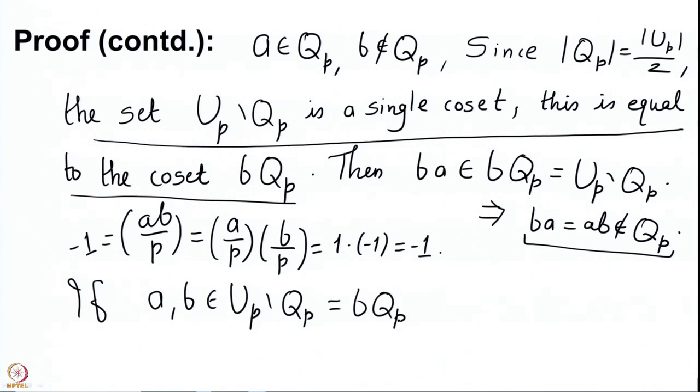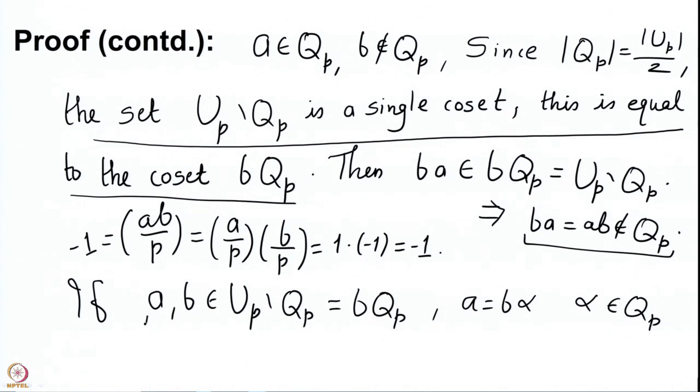So, we have that B is in BQ_p and A is also in BQ_p. So, that will tell you that A is equal to B times some element alpha, where alpha belongs to Q_p.